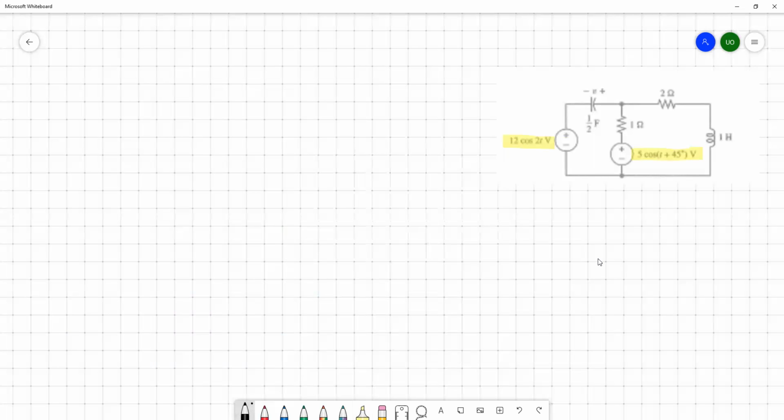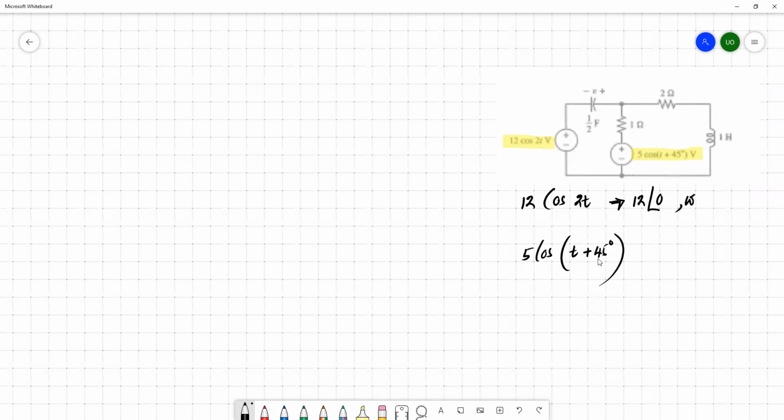So one is actually 12 cos 2t. So the other one is 5 cos t plus 45 degrees. So if you convert this into phasor, you can simply say that this equals 12 and angle of 0.